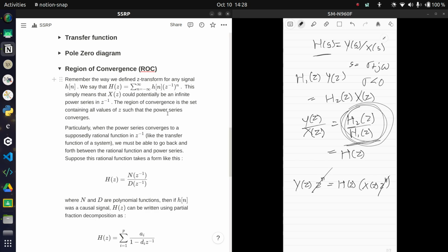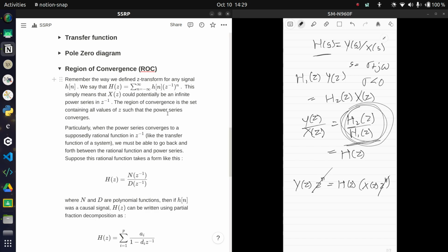Particularly, for LSI systems, it should converge to a rational function in z inverse, or a rational function in z with some properties. If that happens, you can say, okay, this was in the region of convergence.